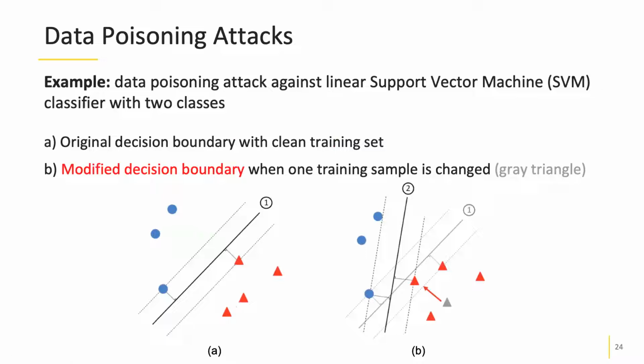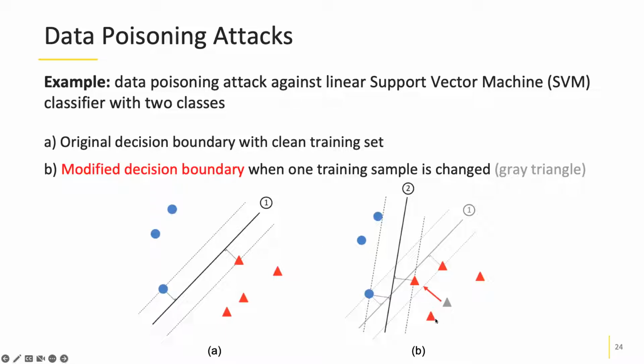Here we show an example of data poisoning attacks against the two-class linear support vector machine. On the left side of the figure, we show the original decision boundary of the SVM, where the data samples in two classes, denoted by the circles and triangles, are not tampered.